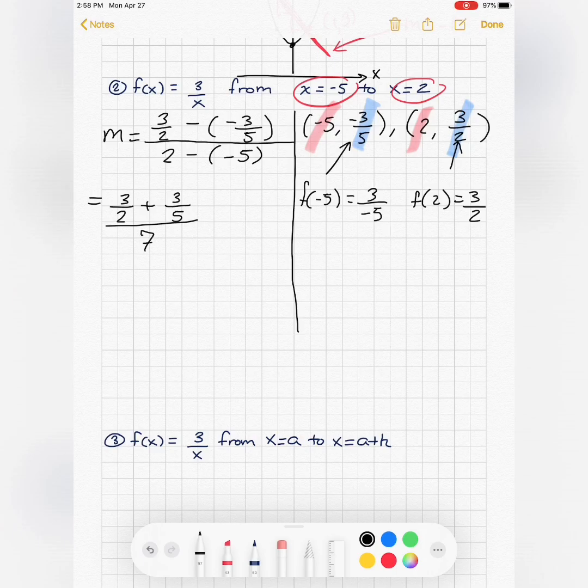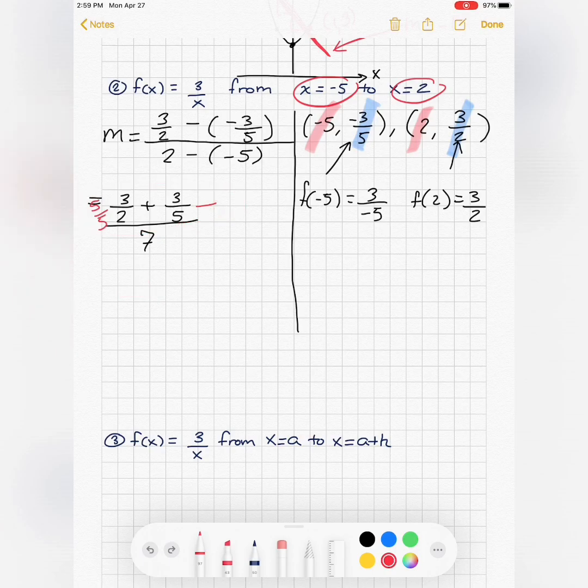From here I have a couple options. I need an LCD, so I could multiply each of these fractions individually, like 5 over 5, 2 over 2, combine all this, then flip the bottom fraction and multiply. I can do that. If I do everything right, I'll get the correct answer.